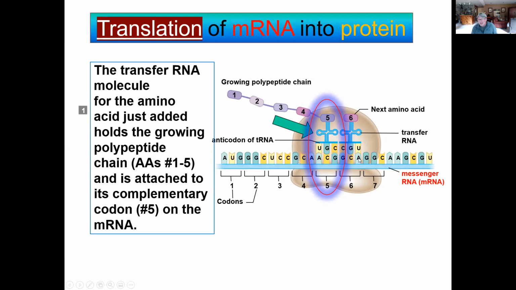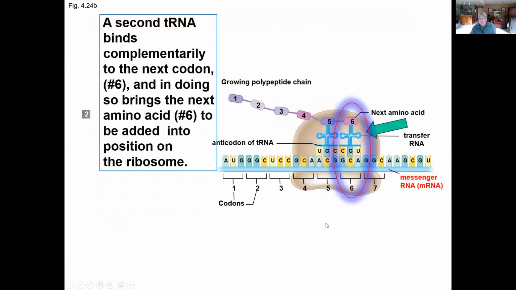So GCA codon must have anticodon CGU in that sequence, and this transfer RNA has that, and therefore can combine with the messenger RNA at the ribosome. And that has already happened in this next diagram.